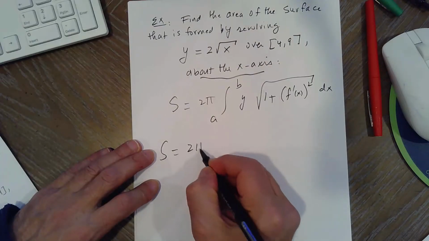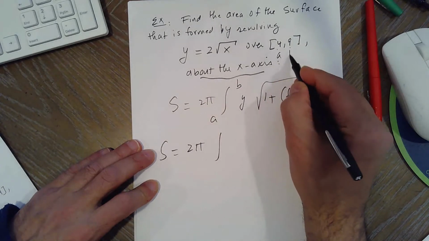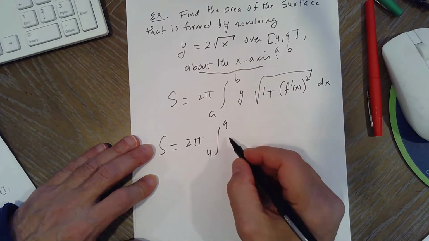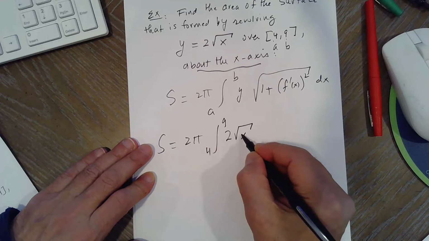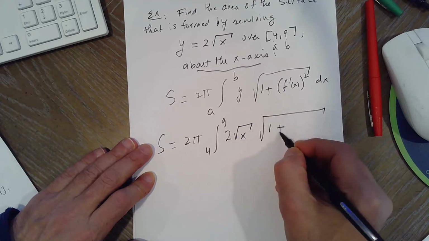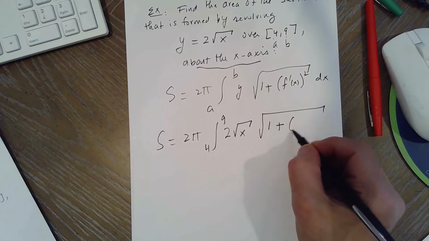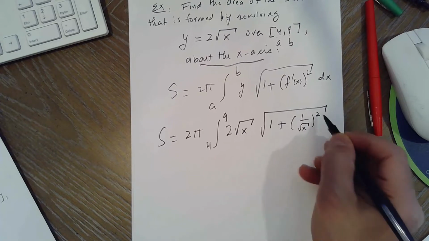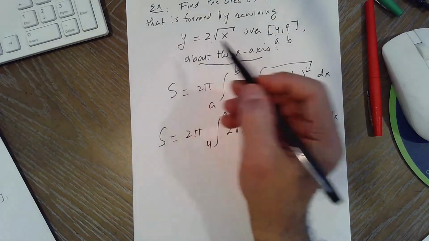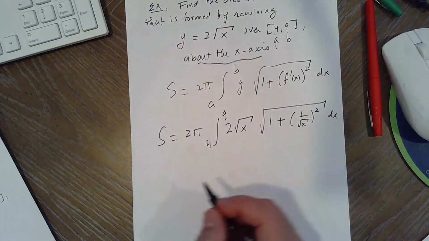So 2 pi, a is 4, b is 9, y is 2 root x, times the square root of 1 plus f prime of x, which is 1 over root x, squared, dx. If you find the derivative of 2 root x, it's 1 over root x.